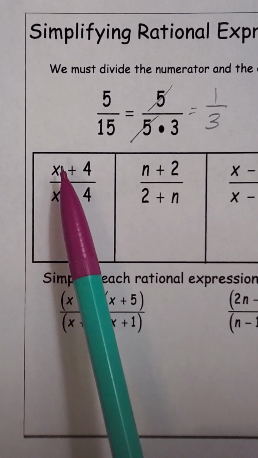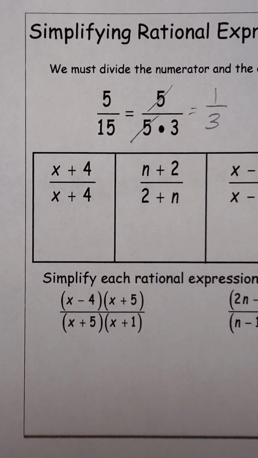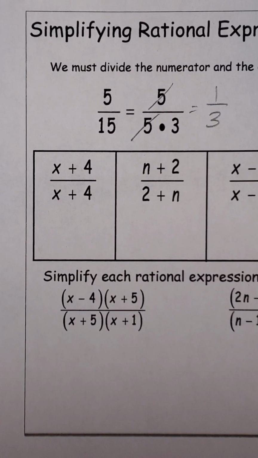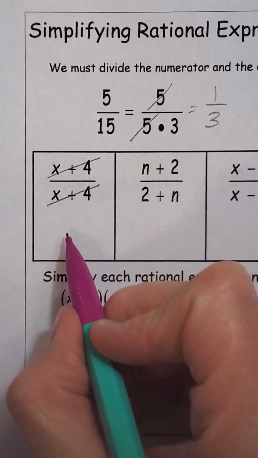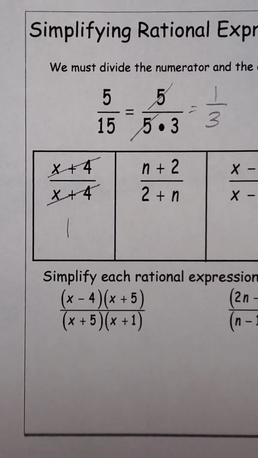So x plus 4 divided by x plus 4. Anytime the numerator is the same as the denominator, that will simplify to 1. And if you're ever unsure, you can always take any value for x, 0, 5, whatever you want, plug it into the numerator and denominator, simplify, and see if that works. Same thing divided by the same thing will simplify to 1.